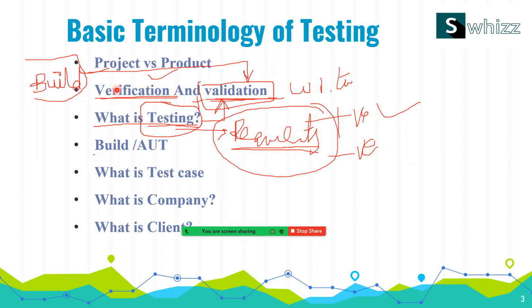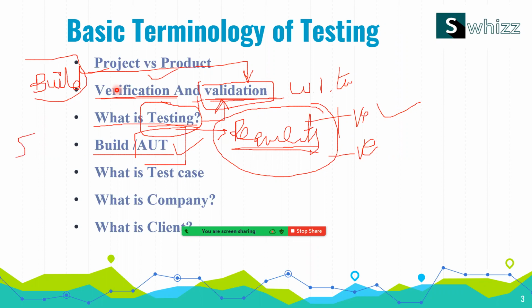Okay, so what is a build or AUT? Build or AUT means application under test. A build is nothing but a software, but it is not a completely tested software. The software is still under testing.